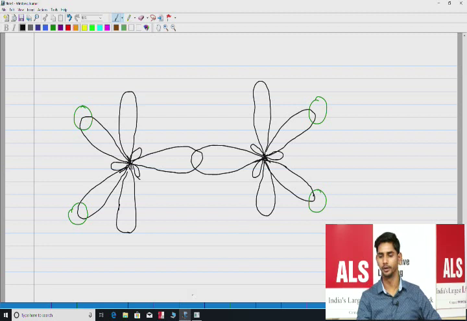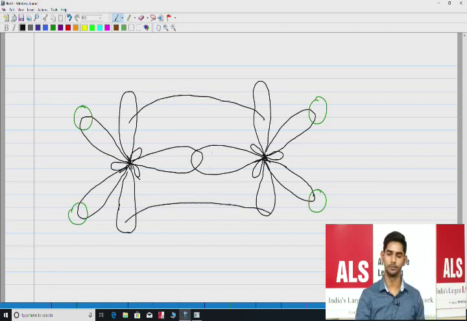This is your 4th orbital, which is actually perpendicular to the internuclear axis, and this one will overlap to give you the pi bond. So this is forming the pi bond. This is sigma, sigma, sigma, sigma, and sigma.